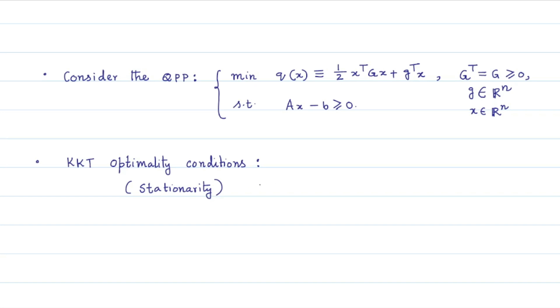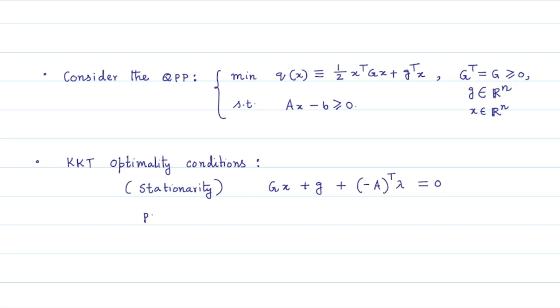And this equation of stationarity gives us the gradient of q(x), that is Gx plus g, plus lambda times the gradient of all these constraints. Here you need to write all these constraints in the less-than-or-equal-to form, and accordingly you will get Gx plus g minus A transpose lambda equal to 0.